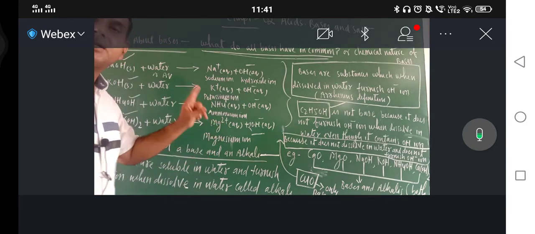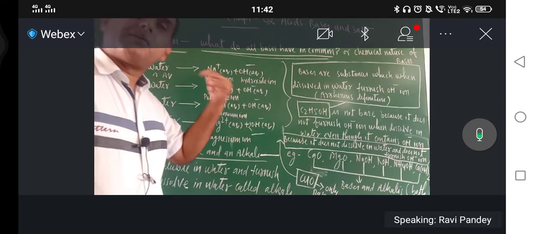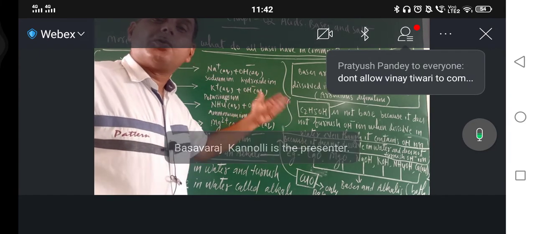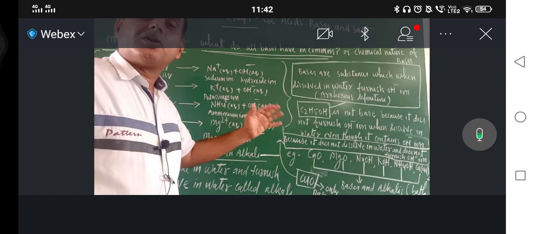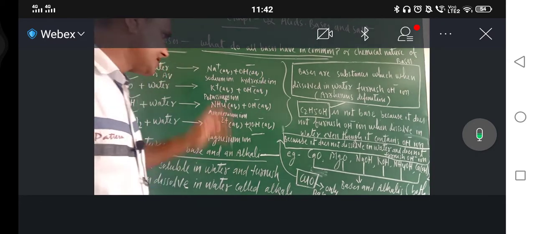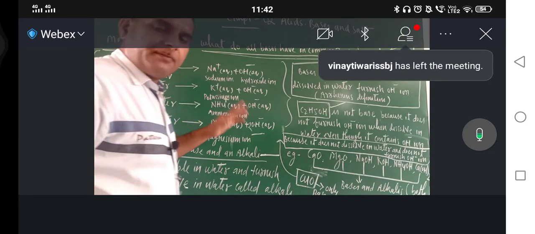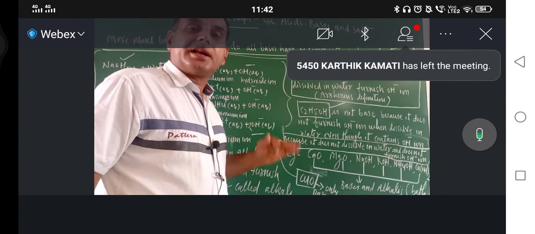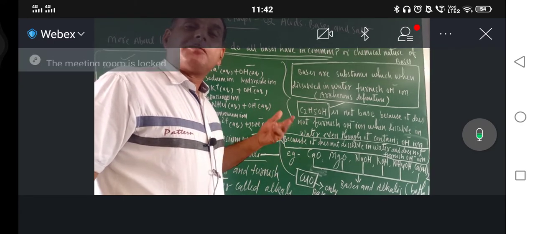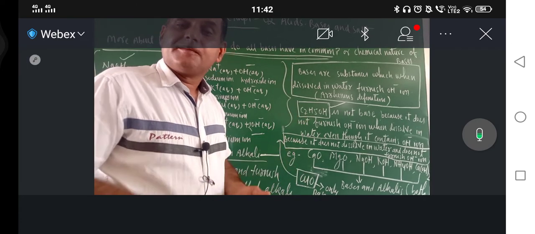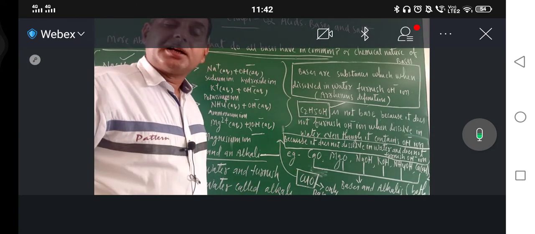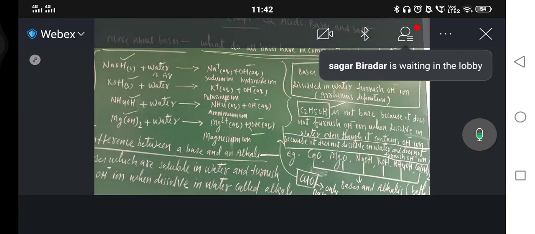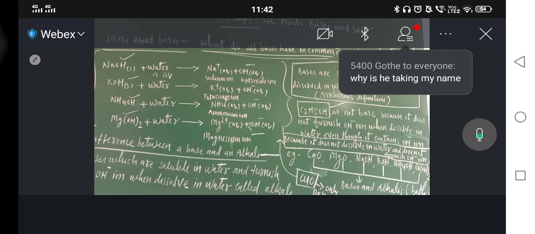So acids must furnish H positive ion and bases must furnish OH negative ion when they dissolve in water. The day I taught you acids, I told you that it doesn't mean that if a compound contains hydrogen, it is considered an acid, because the definition is that acids must furnish H positive ion when dissolved in water.